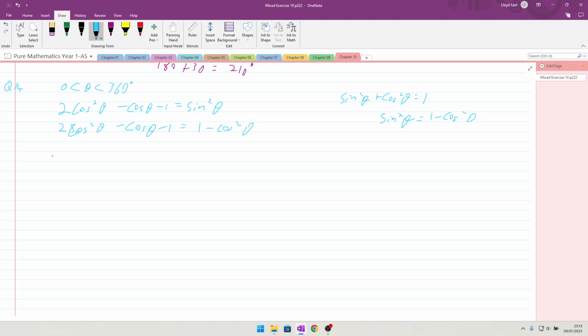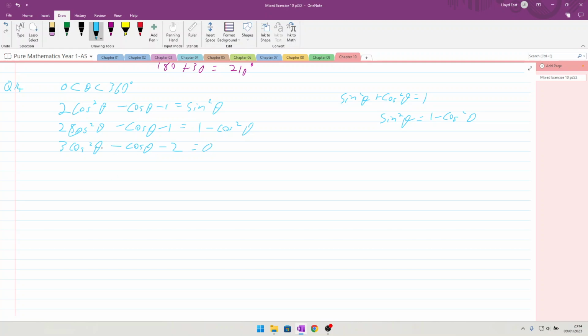When I bring that all over here, that means I get 3 cos squared theta, okay, minus cos theta, and when the 1 comes across, we get a minus 2 equals 0.